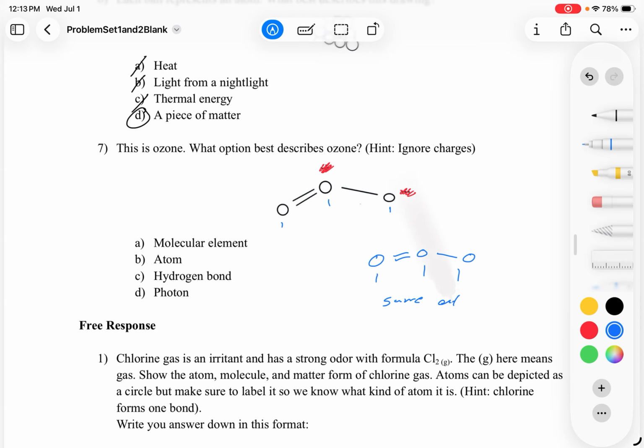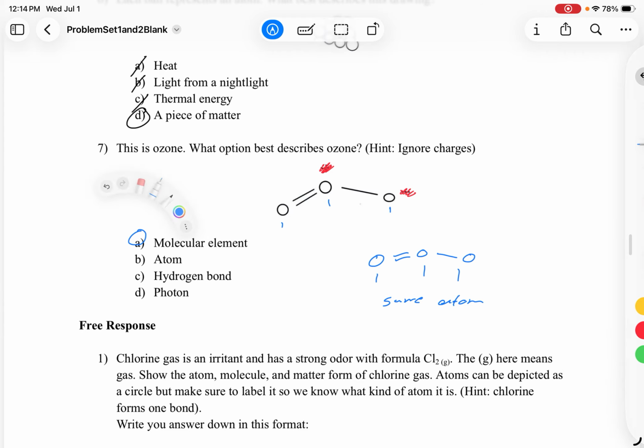Same atom. And remember, an atom bonded to another atom, and more than that, is going to be a molecule. And this does fit the description. So this is what we're going to call a molecular element.